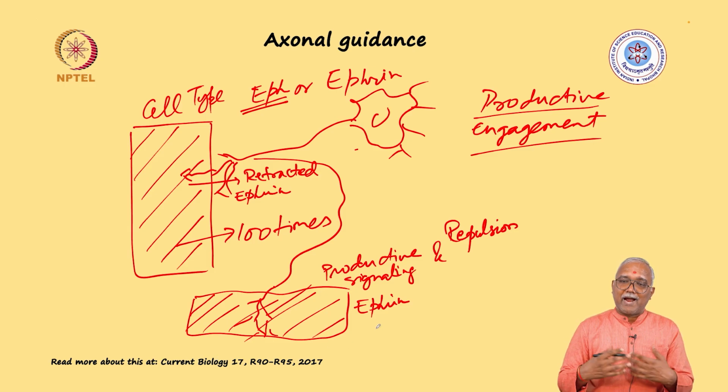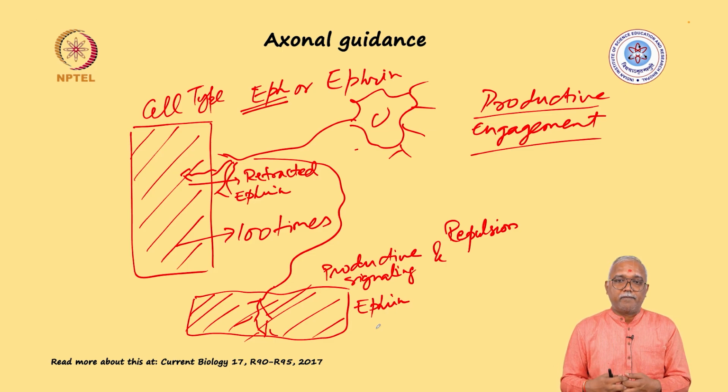So axonal guidance is also tightly regulated by Eph and Ephrin expression. If it is the right type of combination, there will be repulsion, and eventually it has to go in the other direction where the right type of combination is not there. Thus there is no repulsion and the axon growth cone keeps moving forward.